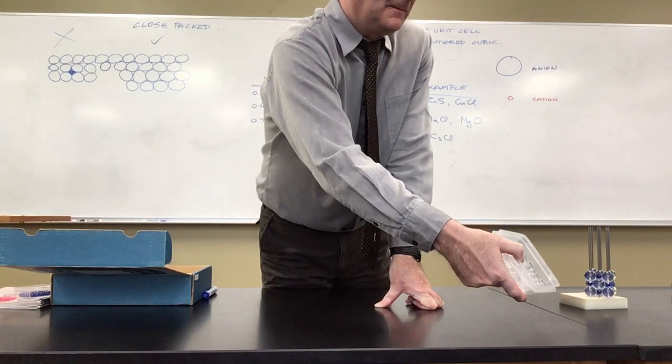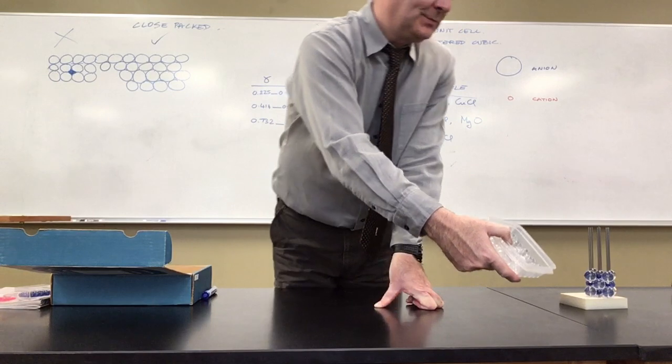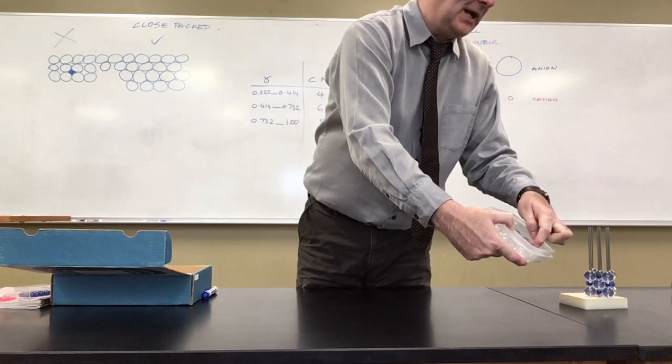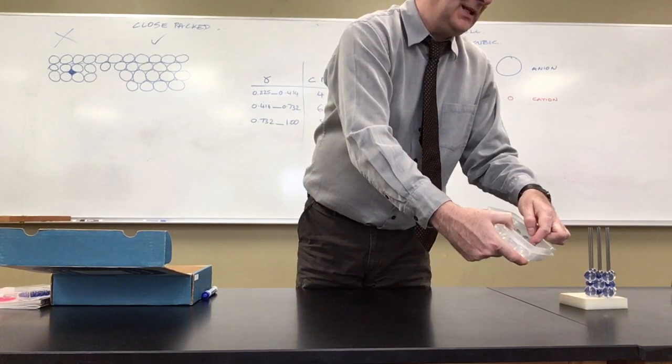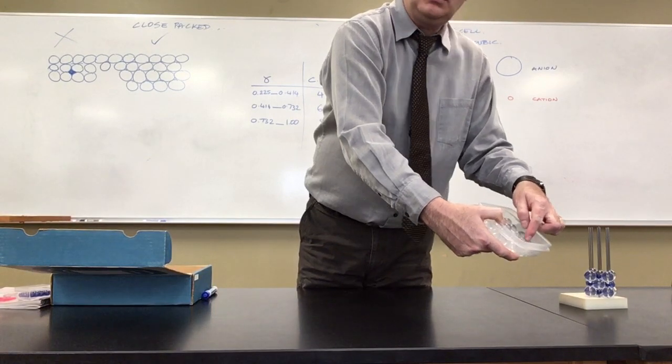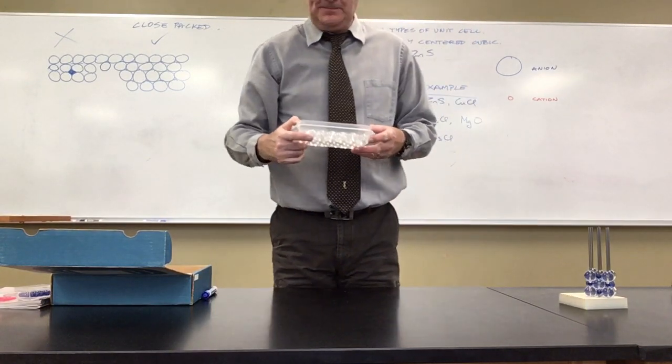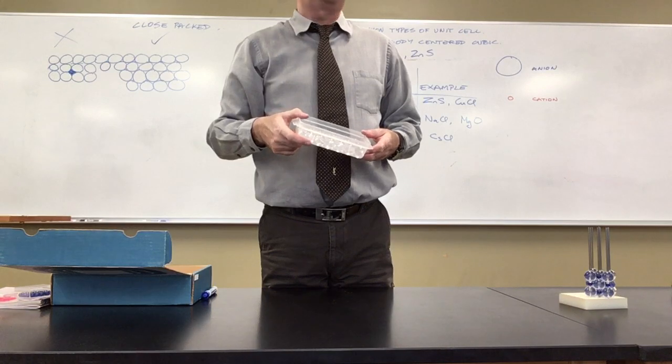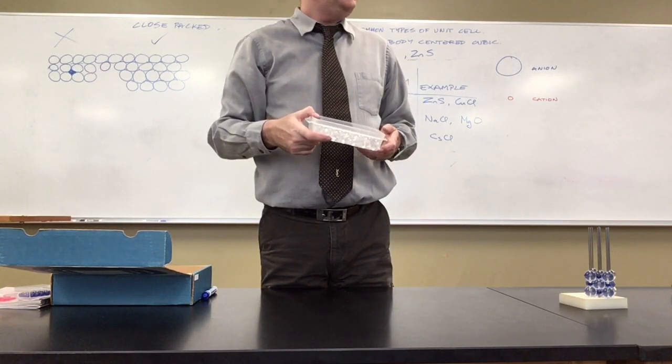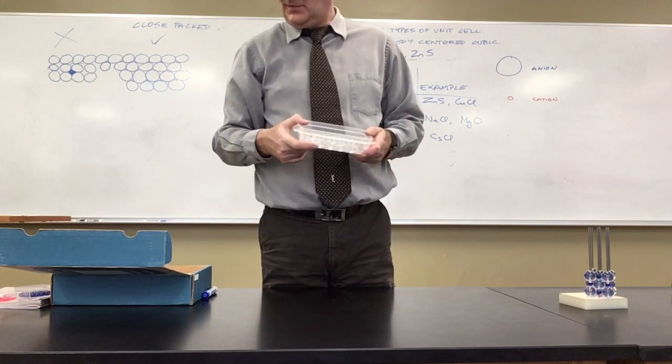This is close packing, where the gaps between them are really, really tiny, and each sphere sits in the indent of the one next to it. Okay? The third dimension gets a little bit tricky, but this is just 2D. Okay?